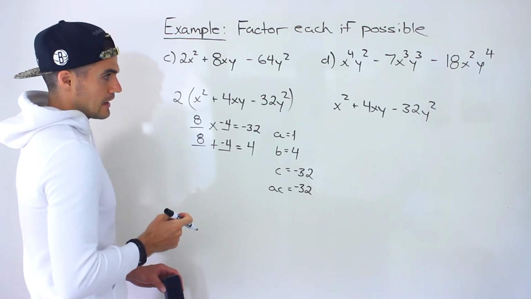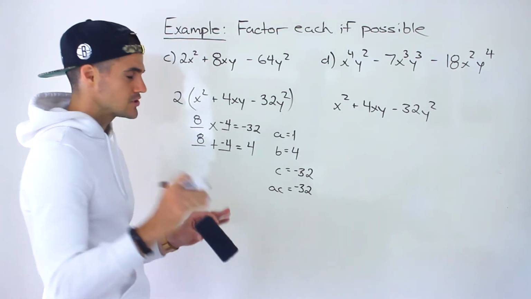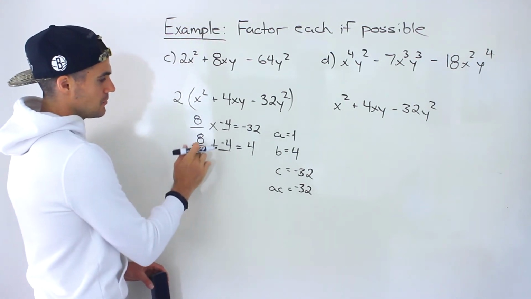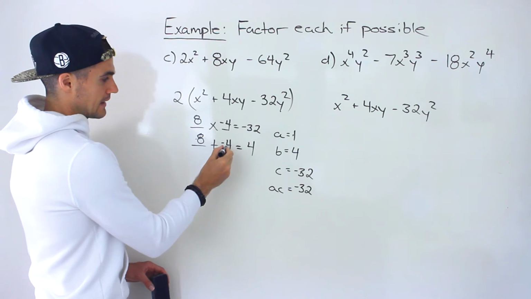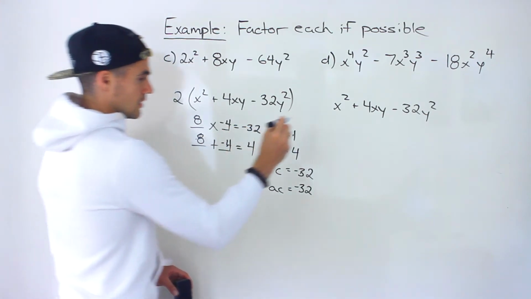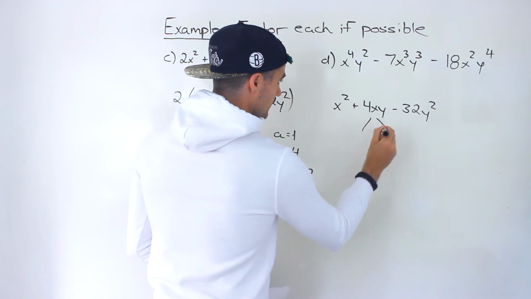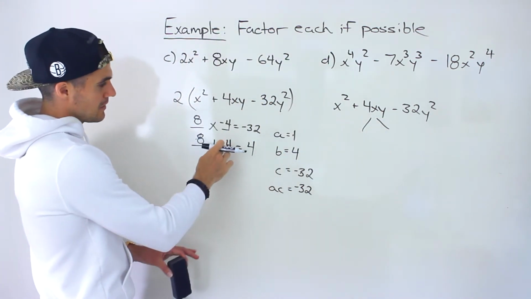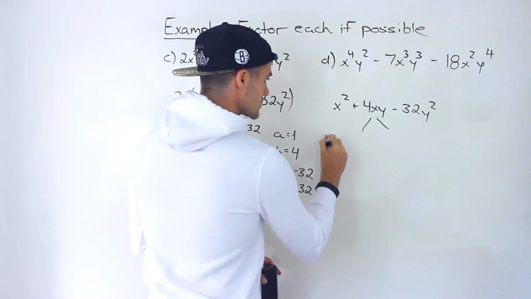Now, one thing I actually want to mention here, I didn't mention it in previous videos. When we have this combination of a positive and a negative value, when we decompose that B value, I'll actually show you both ways, but I recommend putting the negative first.